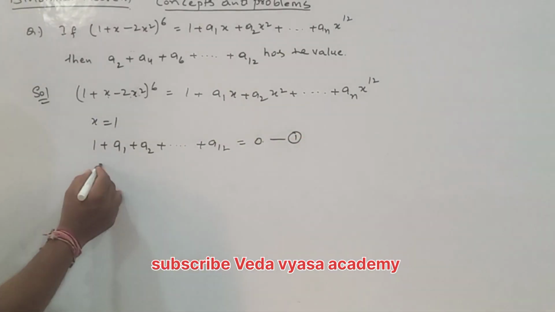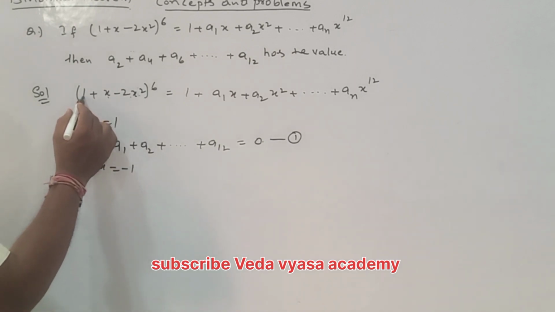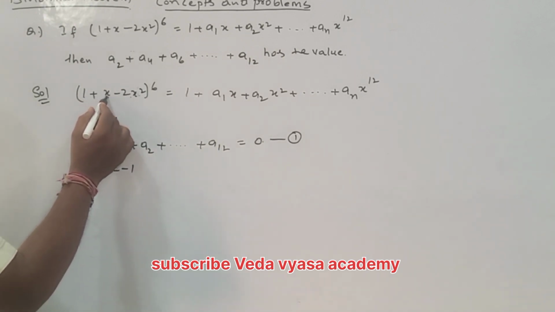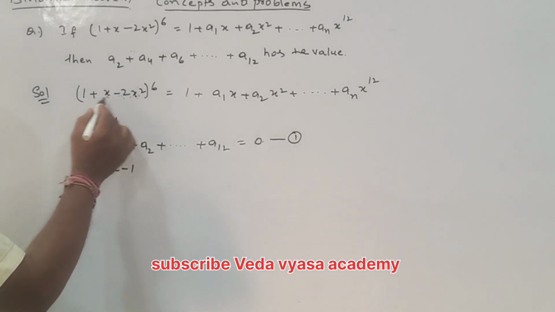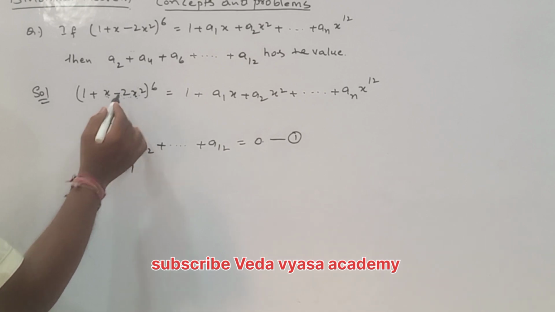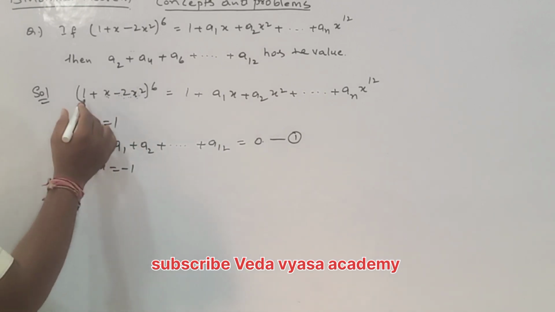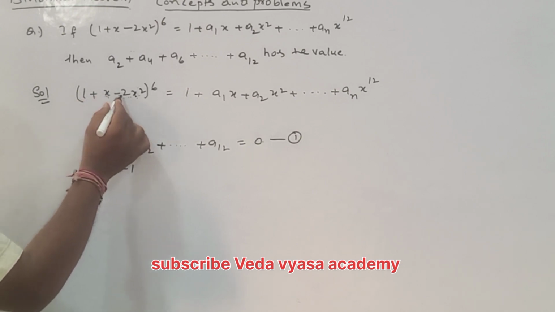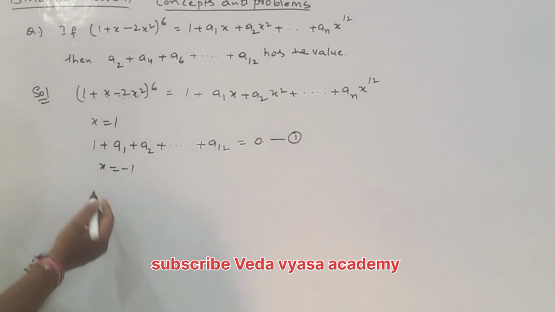And x is equal to -1: 1 - 1 - 2, so 1 minus 1 cancels, leaving -2 whole power 6, which is plus.